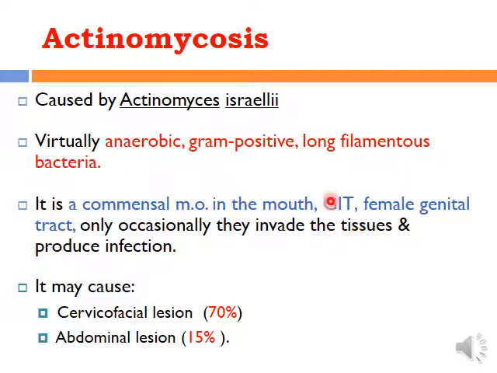They present mainly as mouth disease in the head and neck region, in the mandible, representing about 70% of the cases, or may present as disease in the GIT or in the female genital tract involving the uterine cavity, and this represents the minority of the cases, that is 15% of the cases.